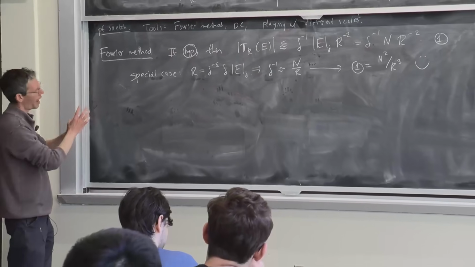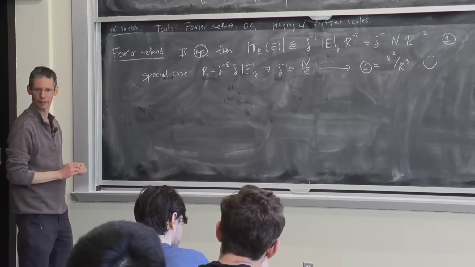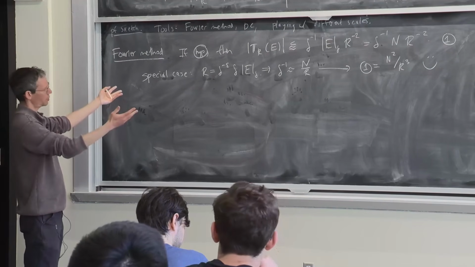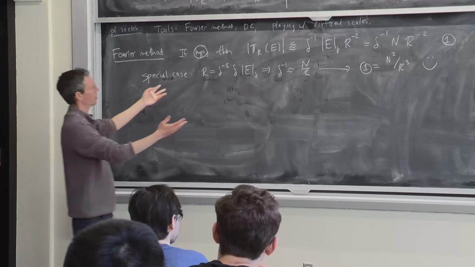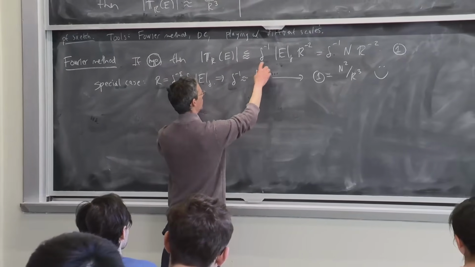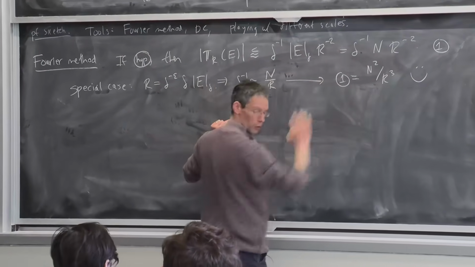So this Fourier method actually gives the right answer in an interesting case. But then if you make r bigger, then if you do this computation, this ends up being bigger, and this will be bigger than n squared over r cubed.